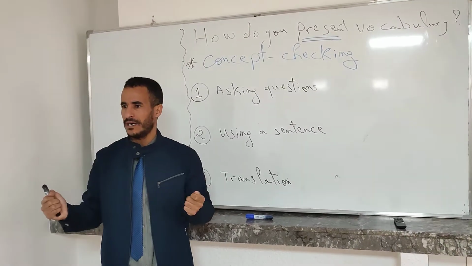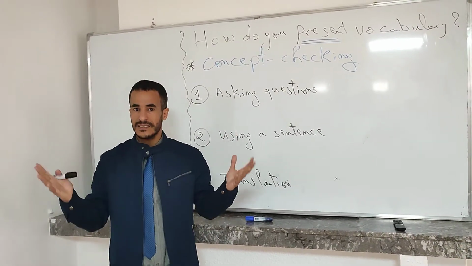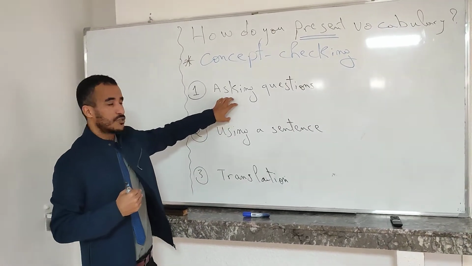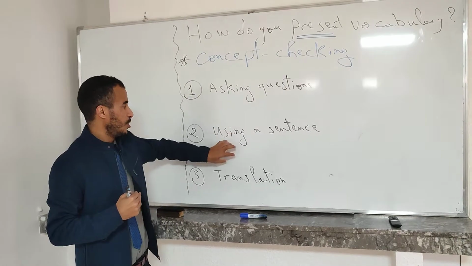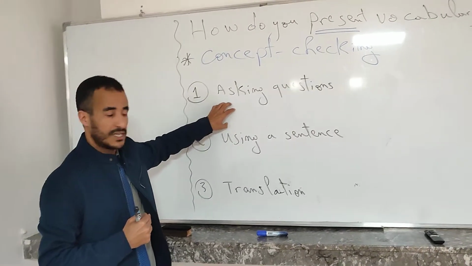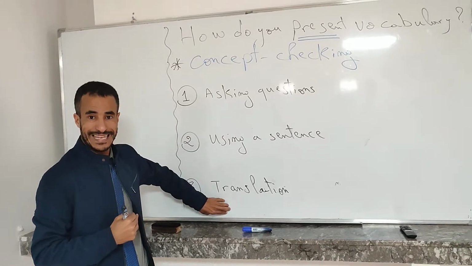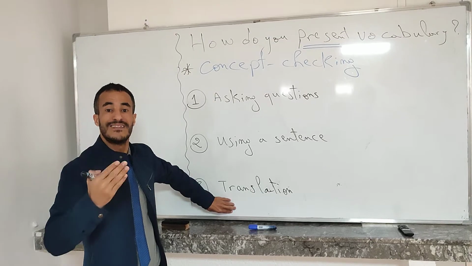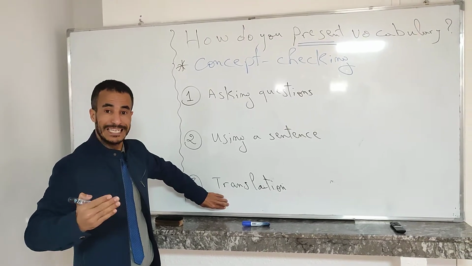Blue, what is blue in Arabic? They may say, it's azraq. What is yellow? It is asfar. But for me, it's better to start with asking questions or using a sentence. If these may not work, then you can move to translation, because we don't want our learners to use mother tongue in our English classes.